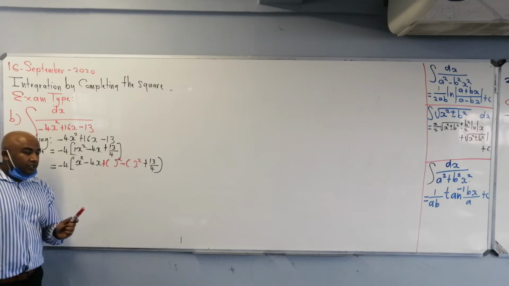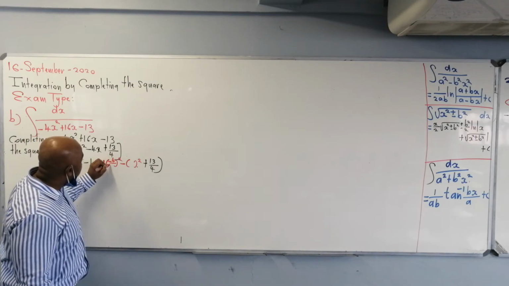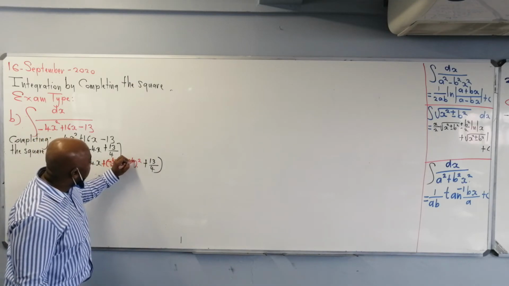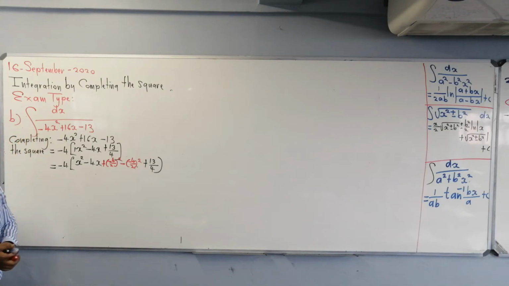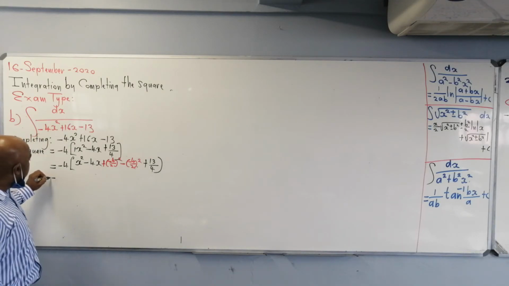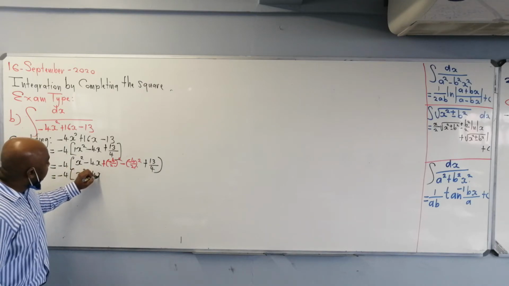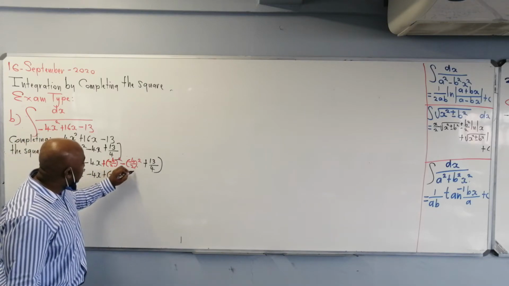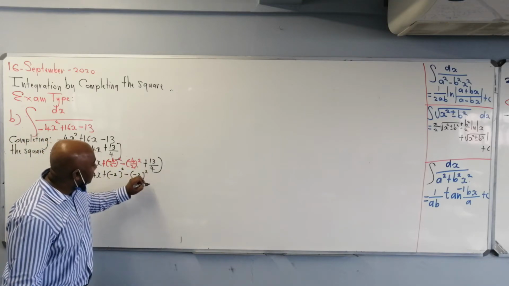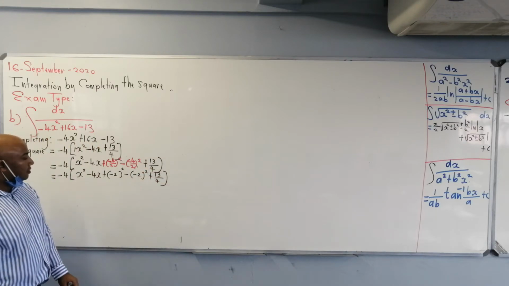It is not 4. It is minus 4. So you take your minus 4 and you divide by 2. Minus 4 divide by 2. Always divide by 2. So now we got x squared minus 4x plus minus 2 in brackets all squared minus 2 all squared plus 13 over 4.